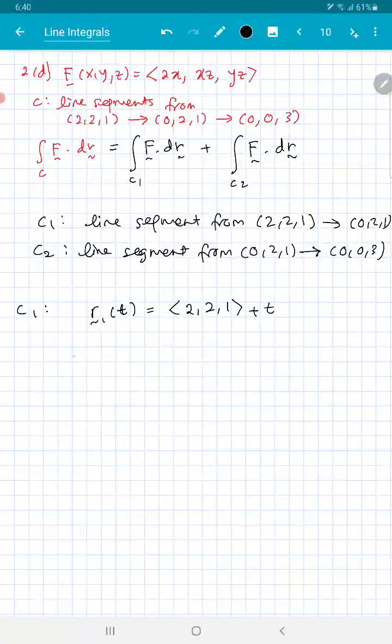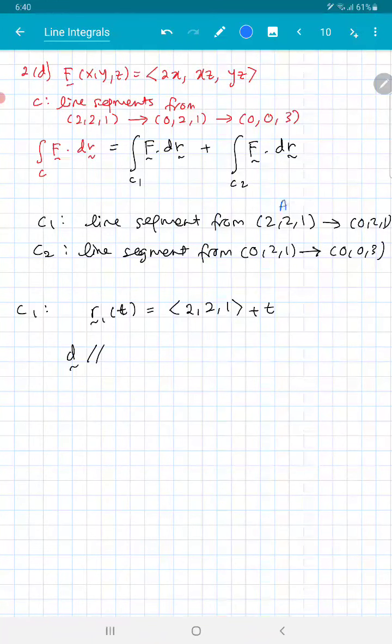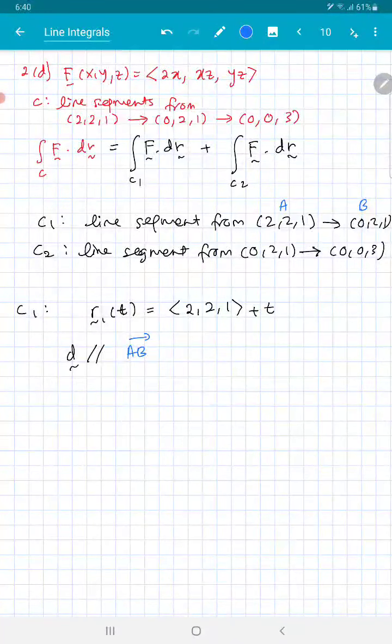To get the vector d, which is parallel to the line, let's call this point A and this point B. Vector d will be parallel to vector AB, which is a vector on the straight line. To get vector AB, we use the 2 points: you take the destination point minus the starting point.